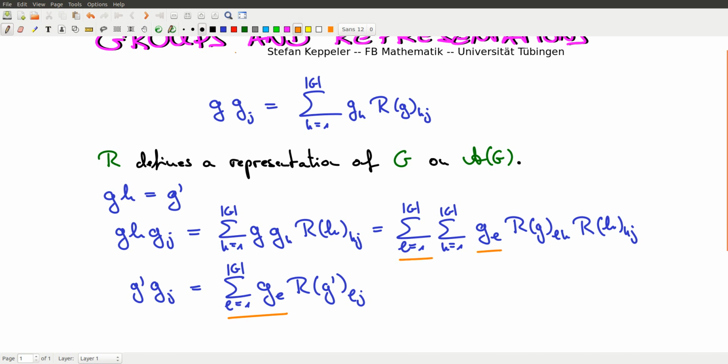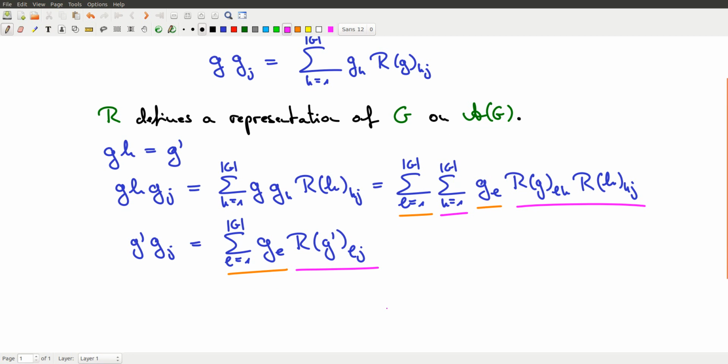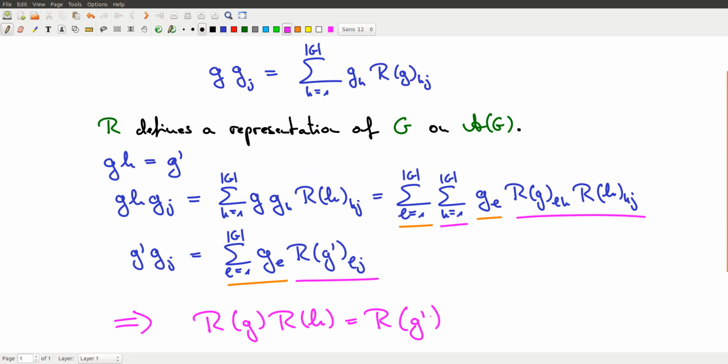And when we look at the rest, there is here a matrix product, and here's the component of a matrix. So the pink part really just says R of G times R of H is R of G prime. So we really have a representation, and if you look at how the identity is represented, then you see that it's the unit matrix. So it's really a representation.